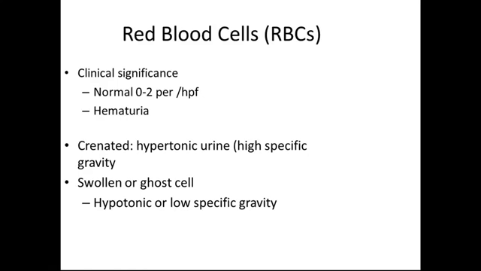Crenated cells are from hypertonic urine, meaning high specific gravity, and these red blood cells are oftentimes shriveled in nature. Swollen or ghost cells are from hypotonic or low specific gravity urine, and these can be overinflated red blood cells.